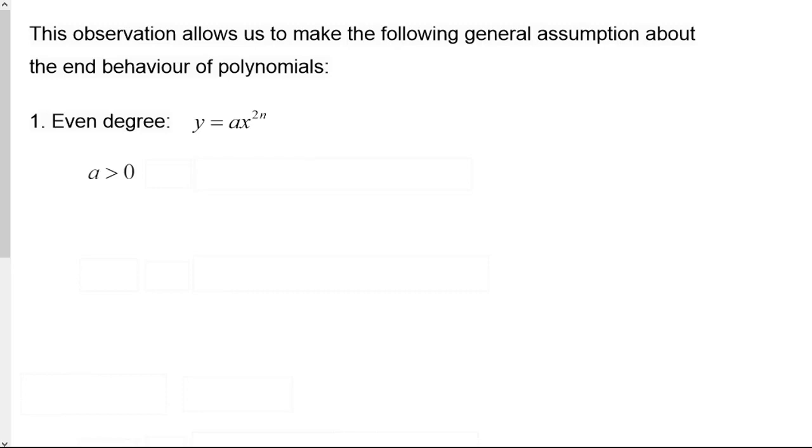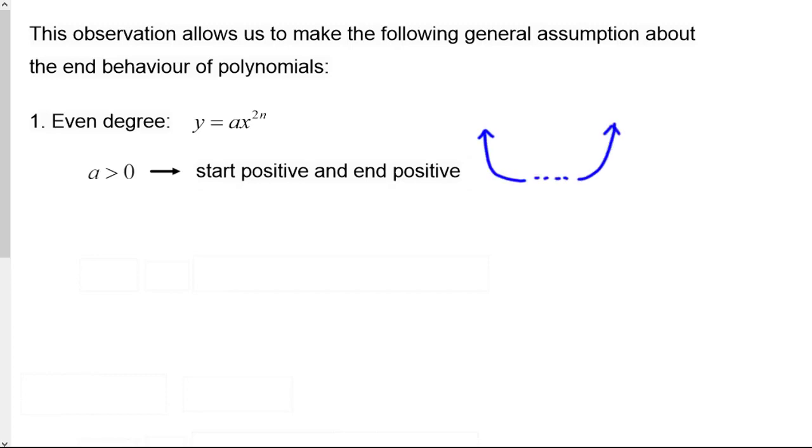If it's negative, it opens downward. But if the leading term coefficient's positive, then the graph is going to start from the positive direction and end in the positive direction. So the end behavior looks like this. Those dots represent that anything can happen in between the infinities, but we'll take care of those in a minute. Right now, starts positive, ends positive.